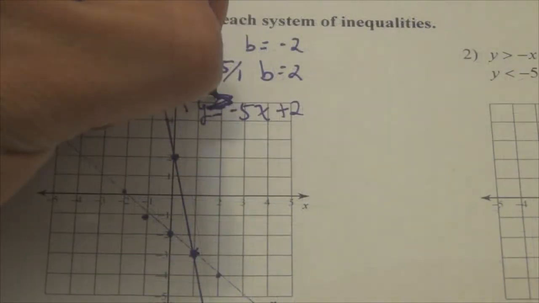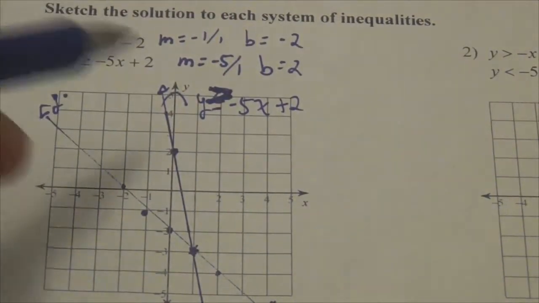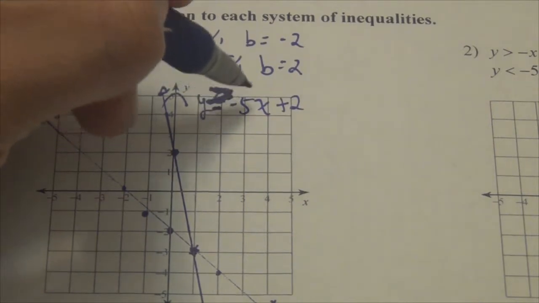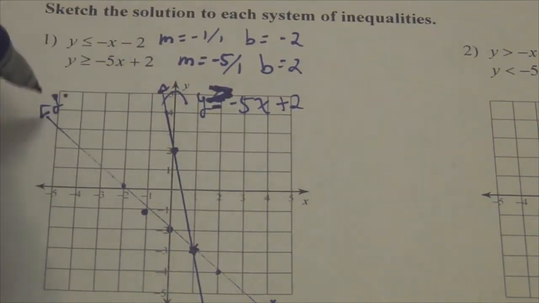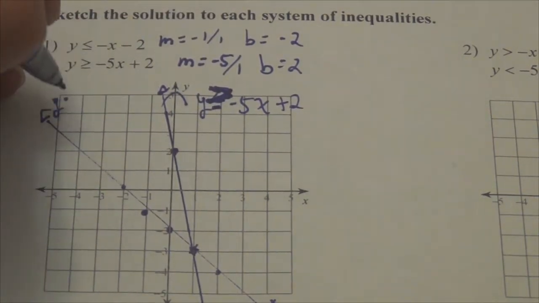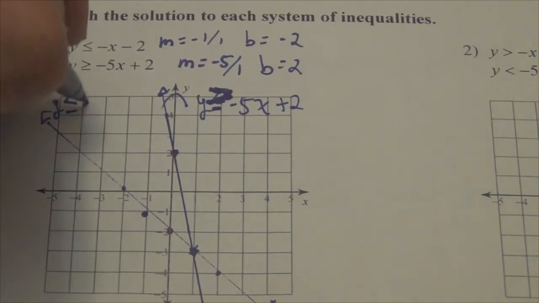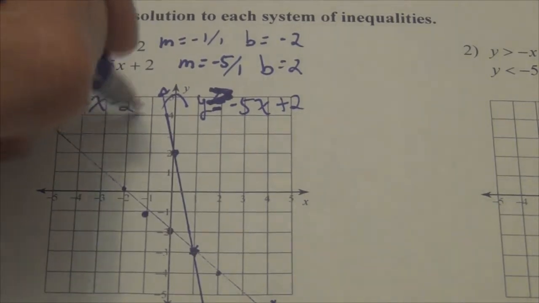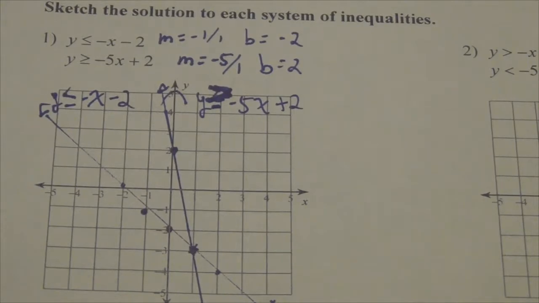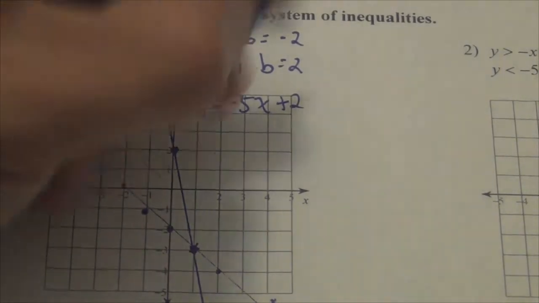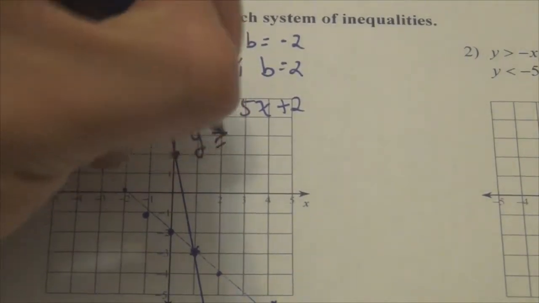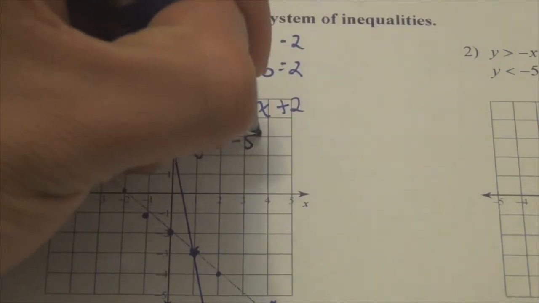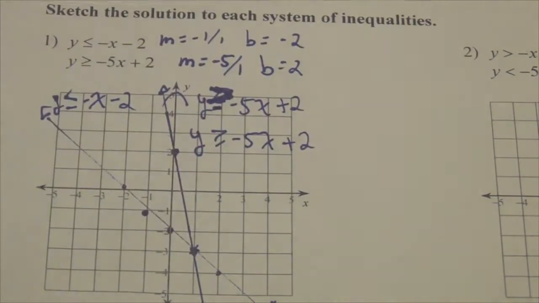So y is greater than or equal to negative 5x plus 2, and y is less than or equal to negative x minus 2. So now we know the labels. This is ugly, so I'm going to rewrite it. y is greater than or equal to negative 5x plus 2.